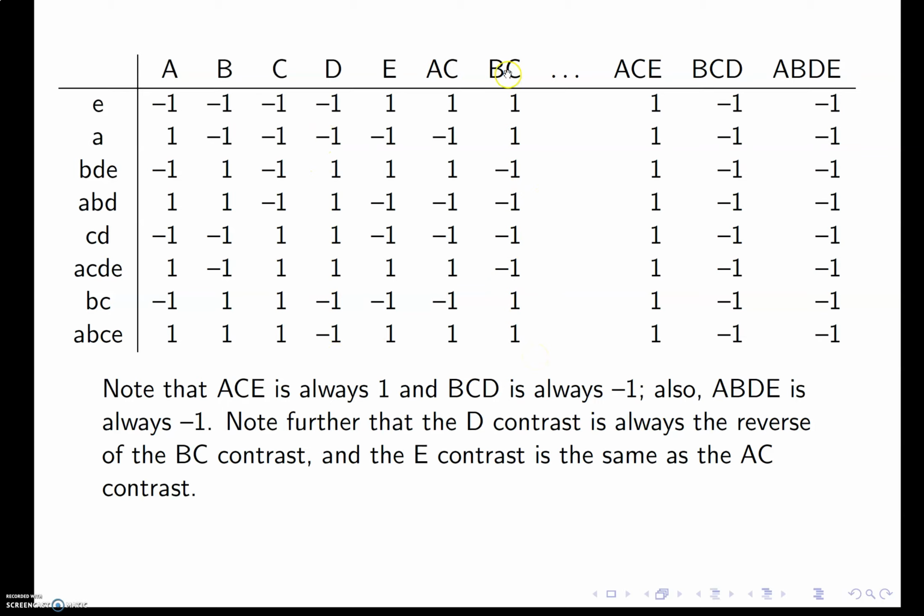They match each other exactly, except they are negative of each other. Similarly, the E and the AC match exactly. Okay, so this is all defined and generated as a result of our defining contrasts. Make sure you know where this table comes from. I'm not going to go through all the details of its generation in the notes, but we can talk about it in class.